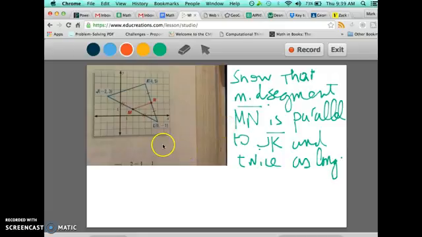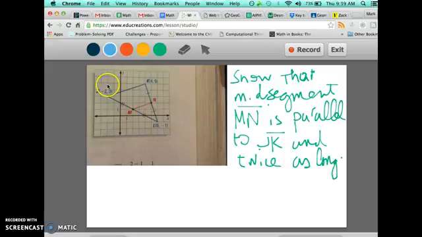Your book here asks you, show the midsegment is parallel to JK. So how do you show things are parallel in the coordinate plane? Well, parallel lines have the same, if you said slope, good job, the same slope. So we know the slope of this line, it's up how many, over how many. You could use the slope formula, but I'm going to do it visually.